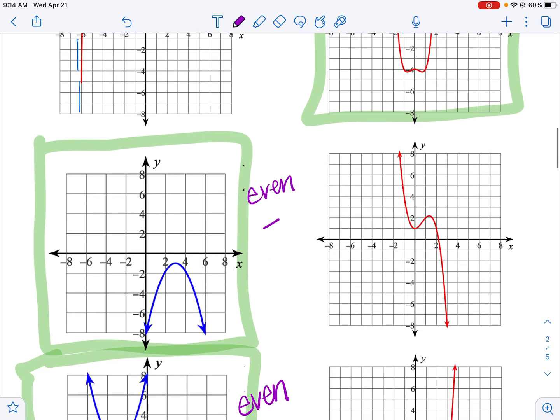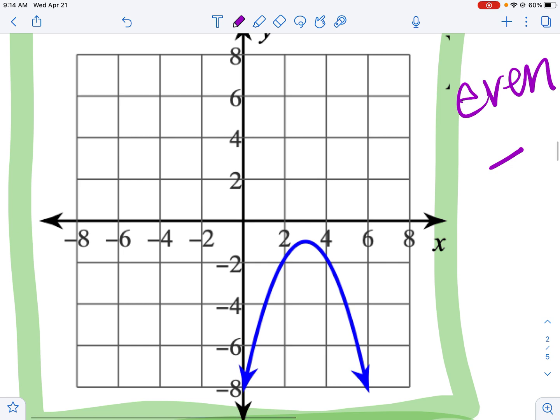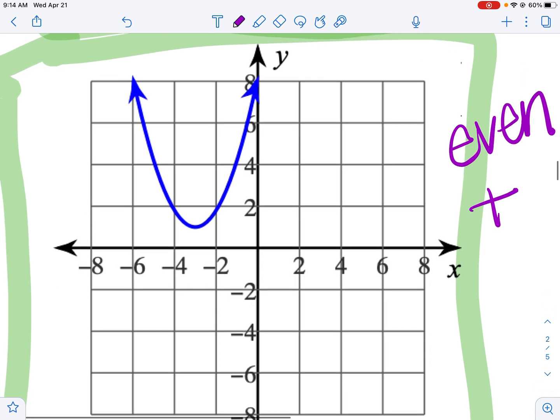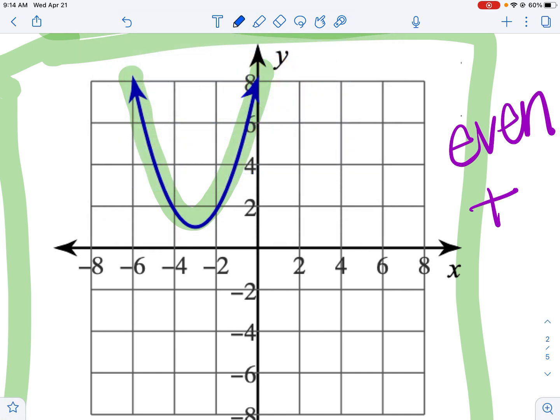Now let's go back and look at this blue one here. The other one. Okay, this one is a quadratic. Why? Because it looks like a U. So the base, the parent function for this is y equals x squared. And we can add extra things, but for the most part, it's y equals x squared.